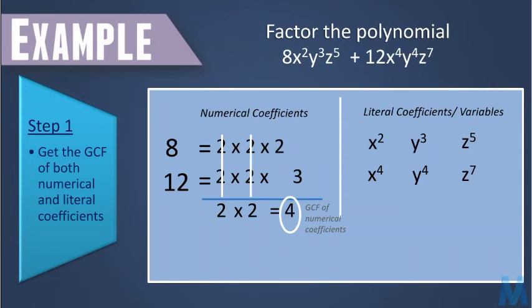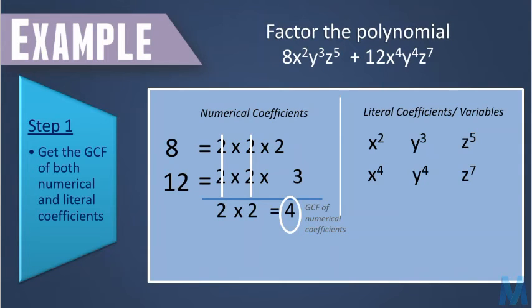Okay, so you have x, y, and z. So ang himuon naton para makuha naton ang GCF sang literal coefficients, so igrupuhon naton sila. Okay, so we have x squared and x to the 4th, y cubed and y to the 4th, isa man nakagrupo, and another group is z to the 5th, z to the 7th.